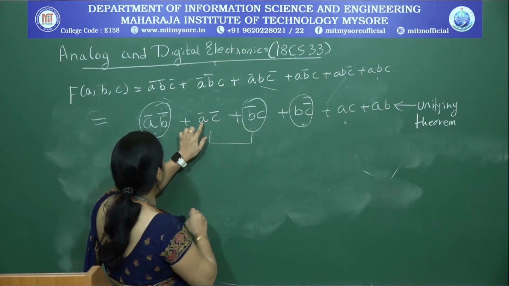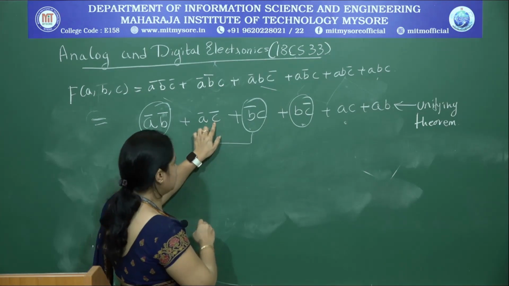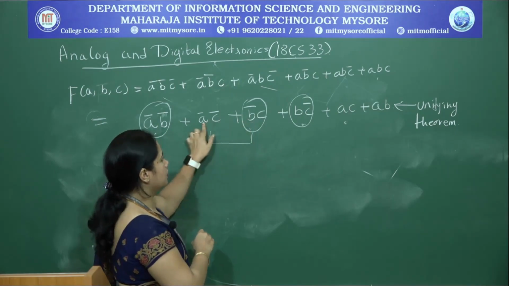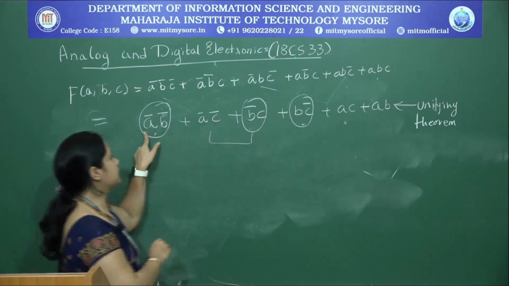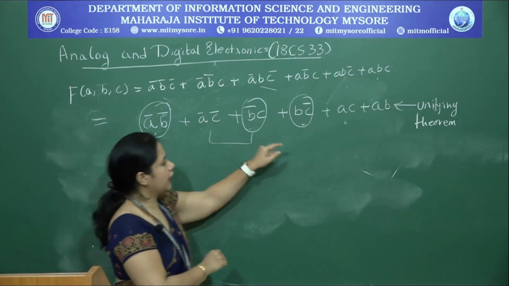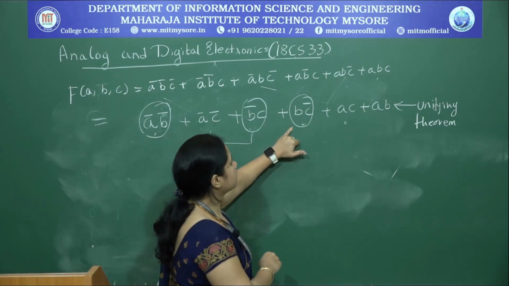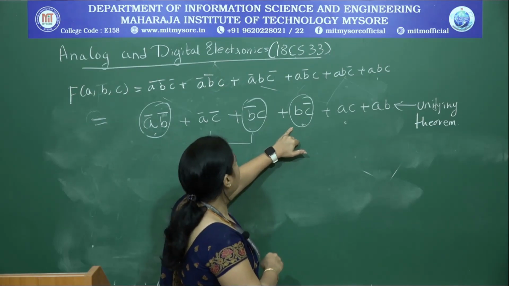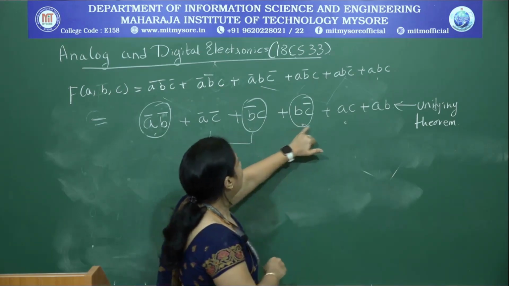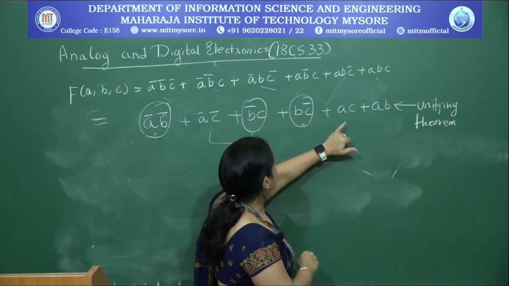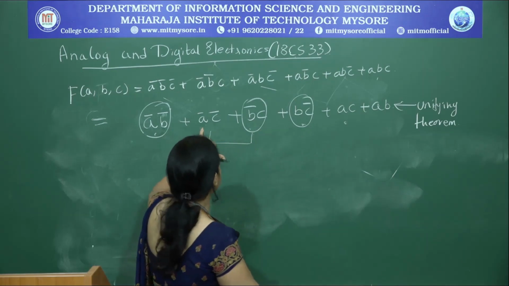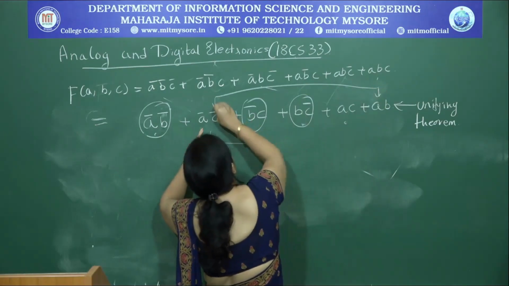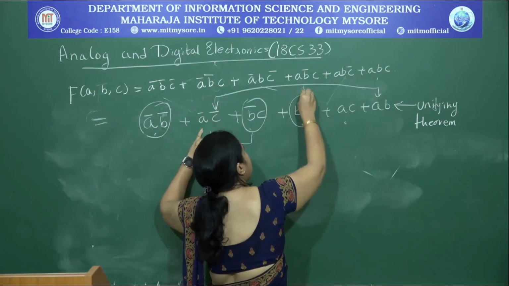Here we have C in its complemented and uncomplemented form. As a result, the product term formed using A bar B bar is being eliminated. And if you look at this B C bar, we want A in its complemented and uncomplemented form. It is a result of A bar C and AB, the consensus theorem applied to these two terms eliminates this.